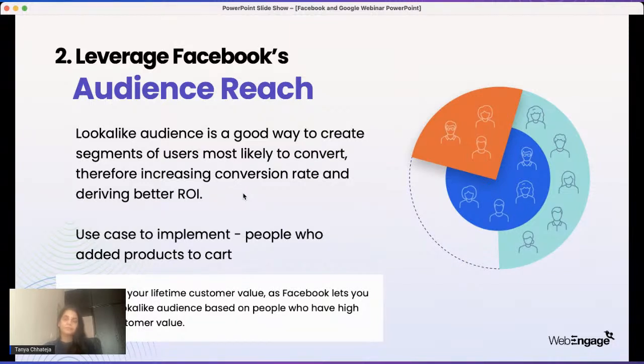A simple example of a lookalike campaign would be to export a segment of users who have added products to your cart, and then create a lookalike of this segment in your Facebook ad account, and then send a targeted campaign to your users. What lookalike campaign helps you achieve is that it helps you target audiences who are similar or who will be performing a similar action to the one that you have set, therefore helping you again get the best of both worlds.